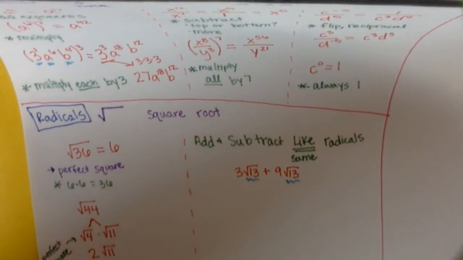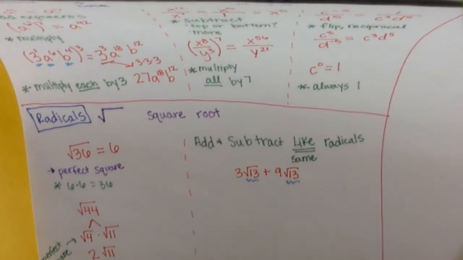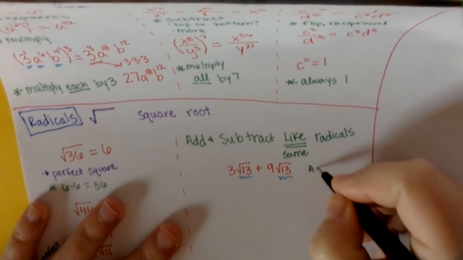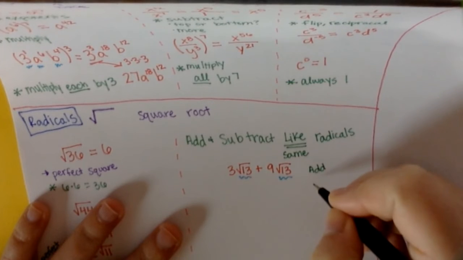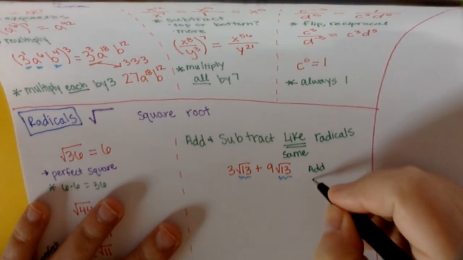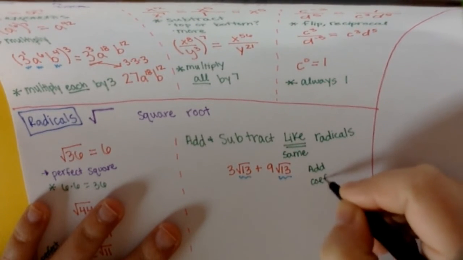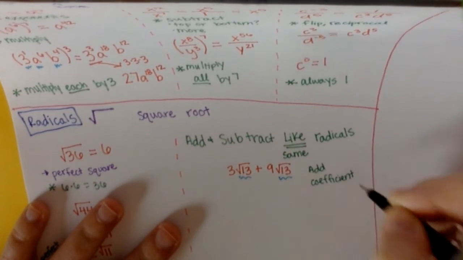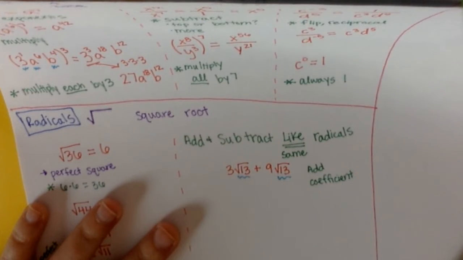I'm going to give you, 103. Yeah, there you go, 103. 100 times 3 is 300. And we know the square root of 100. What is the square root of 100? Good. So we have 10 square root of 3.